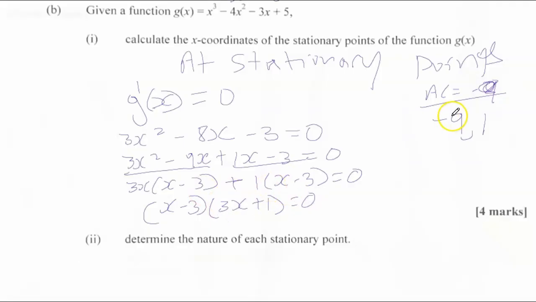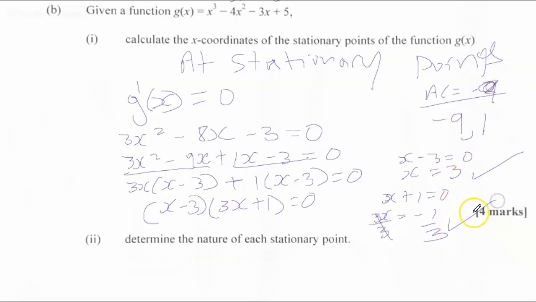To solve, we equate both factors to 0. x minus 3 equal to 0 means x equals 3. That's one x coordinate. Equate 3x plus 1 to 0, that means 3x equals negative 1, divide both sides by 3, so x equals negative 1/3. So our two x coordinates of the stationary points are positive 3 and negative 1/3.